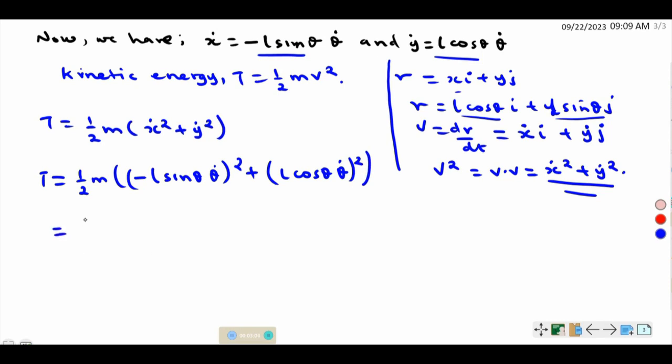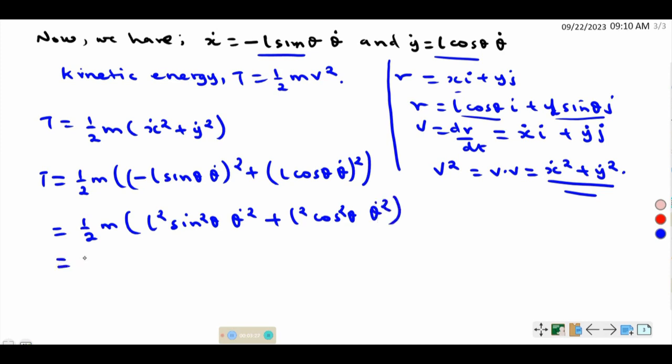So let us try to simplify that. That is a half m into, when you have that one there, it will be the same as L squared sine squared theta, then theta dot squared, plus L squared cos squared theta, theta dot squared.